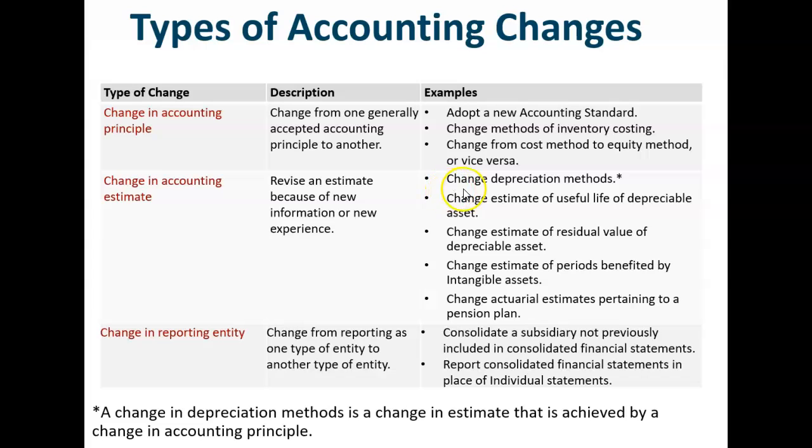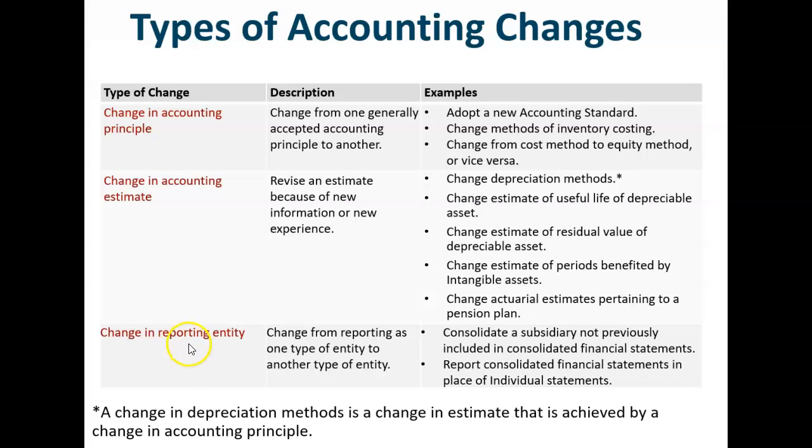Examples of those might include a change in depreciation methods, change in the estimated useful life of a depreciable asset, change in estimate of residual value of depreciable assets, which is also sometimes referred to as salvage value, a change in the estimate of periods benefited by an intangible asset, and maybe a change in actuarial estimates pertaining to a pension plan.